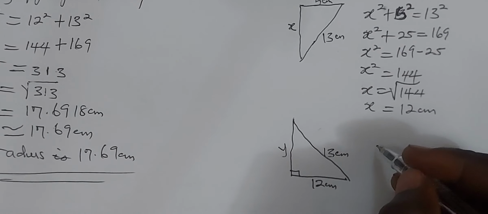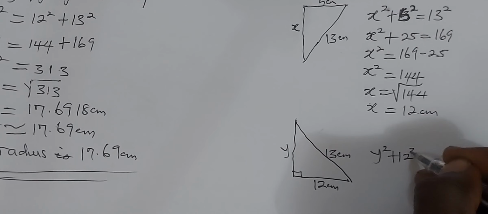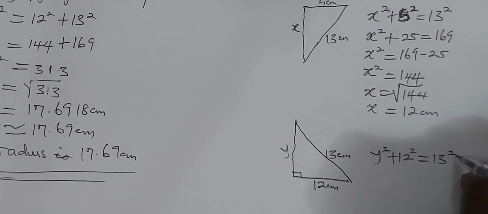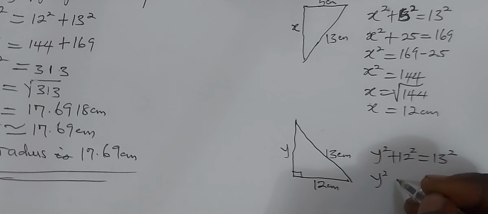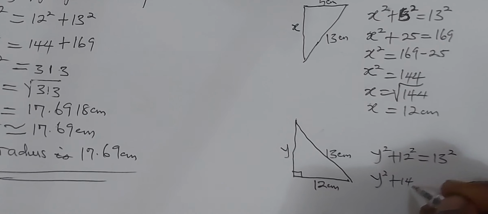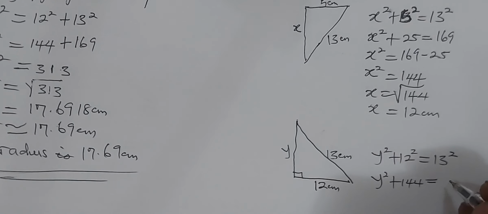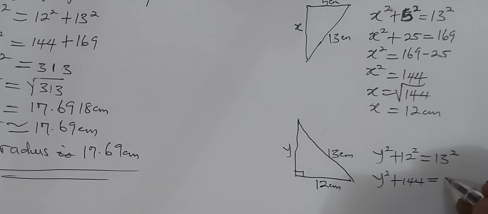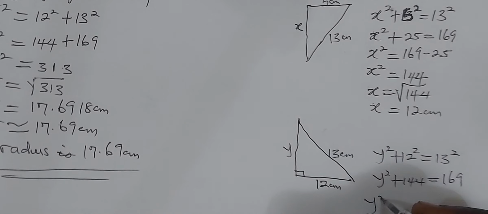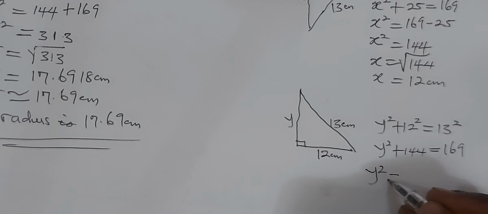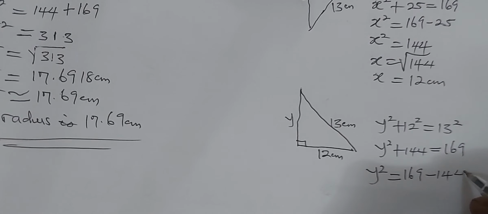We have y squared plus 12 squared is equal to 13 squared. Are you following? So we have y squared plus 144, that is the square of 12, 12 times 12, 144. The square of 13 is 13 times 13, 169. y squared equals 169 minus 144.